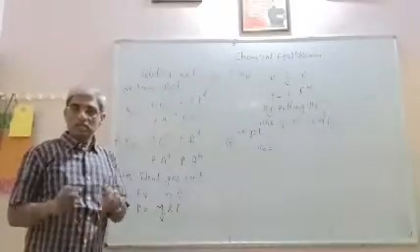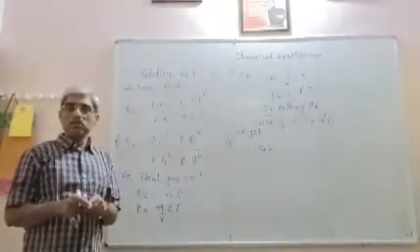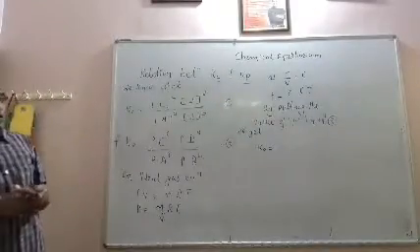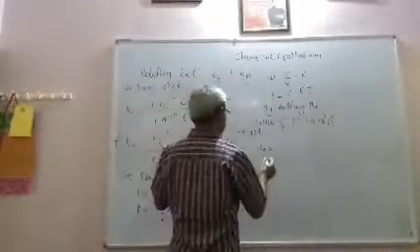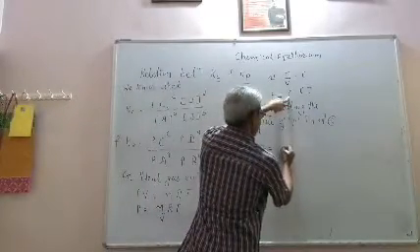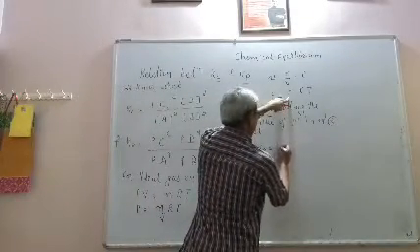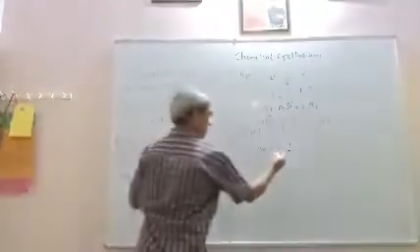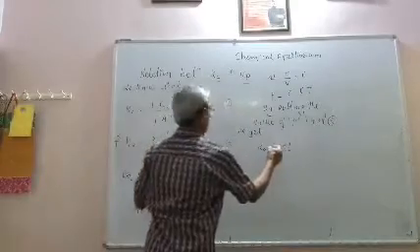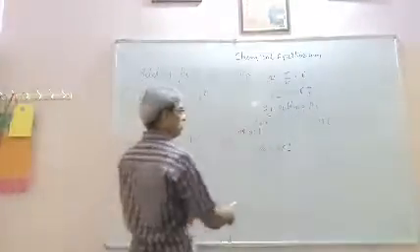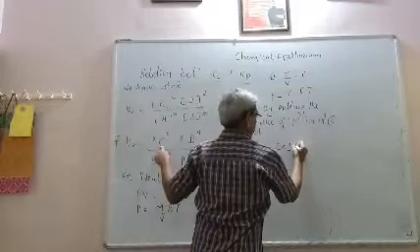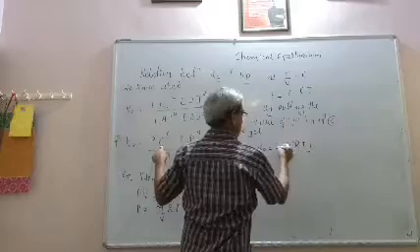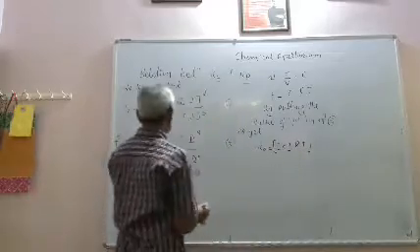And what is the molar concentration? Active mass. And what is active mass? Means square bracket. And therefore, we can write square bracket. This C is nothing but square bracket, and this C, and we know RT, whole bracket raised to c.